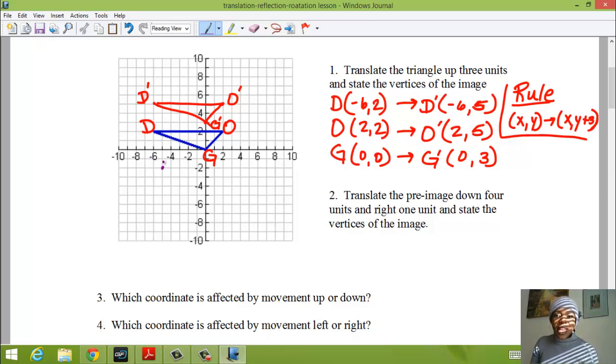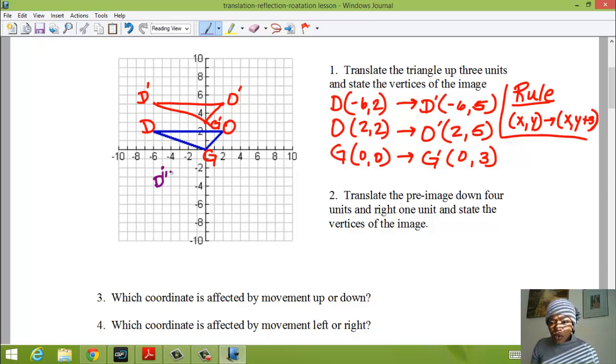Because this is yet another image of the pre-image, we're going to label this point D double prime to indicate that this is an entirely different image of the pre-image. You cannot have two different D primes. So the first image was known as D prime. The second one must be D double prime. It's like 2 accent marks.